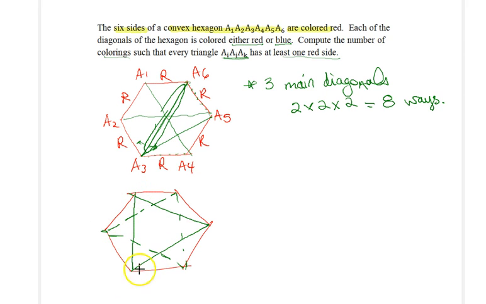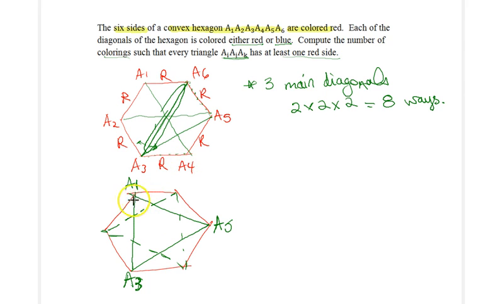Let's focus on this solid line triangle here, namely triangle A1, A3, A5. For this triangle, we can color each of the edges in 2 different ways, for a total of 8 different ways we can color this triangle.